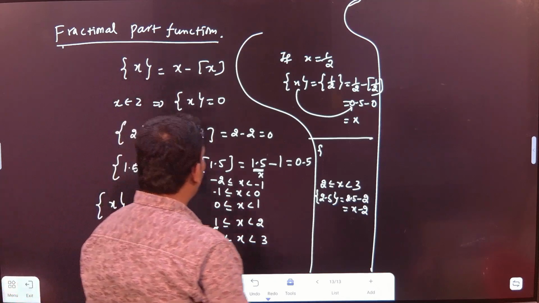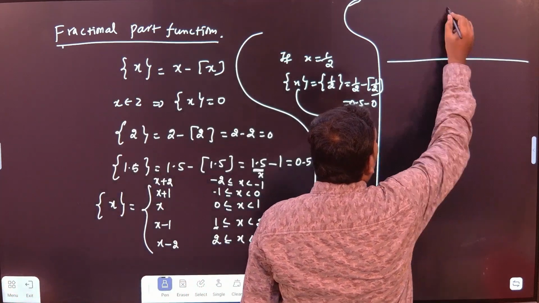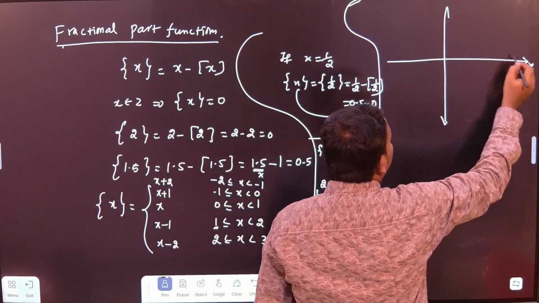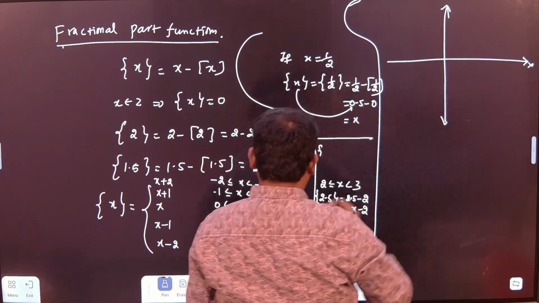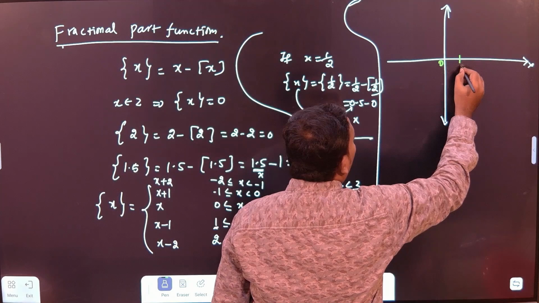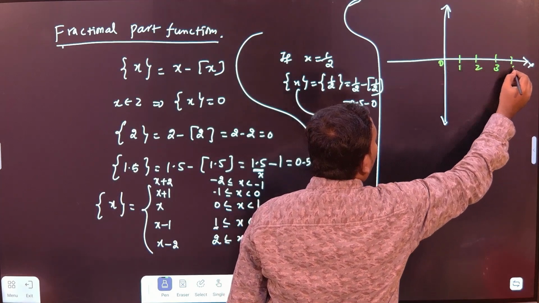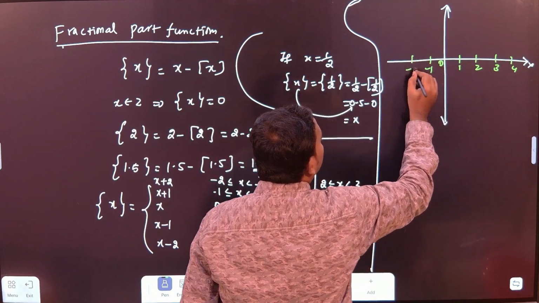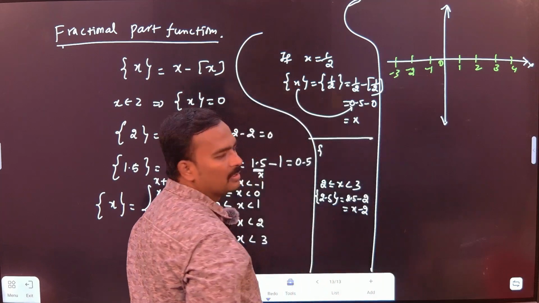Okay. Therefore, how to draw the graph of the fractional part function, you can see. Let me take 0, 1, 2, 3, 4 here, and minus 1, minus 2, minus 3 here.